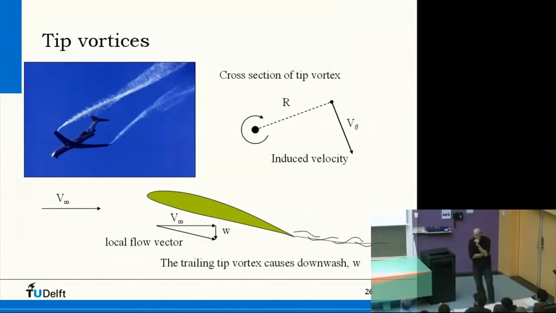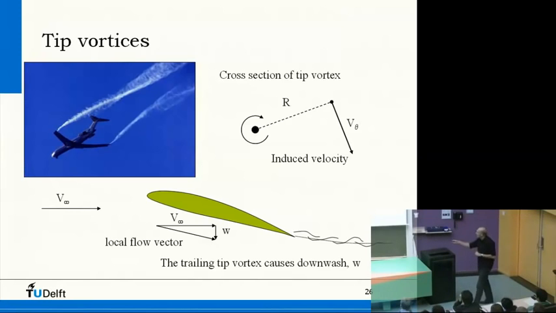So what happens really is, in fact, that here we have this vortex, and it induces a downward velocity, an induced velocity here, at the position of the wing. Because of the fact that it goes like this, there is a velocity here going down.